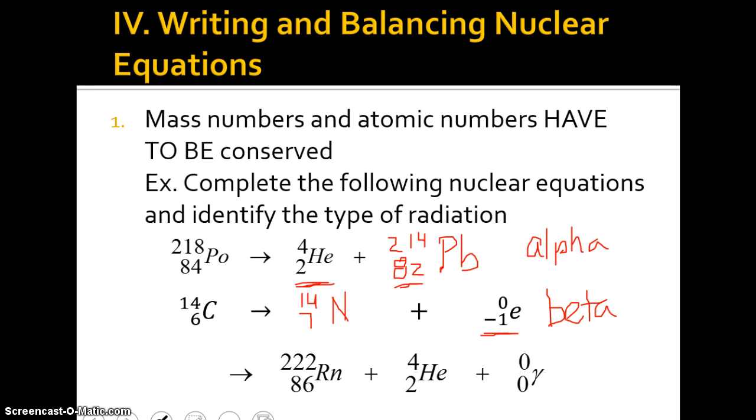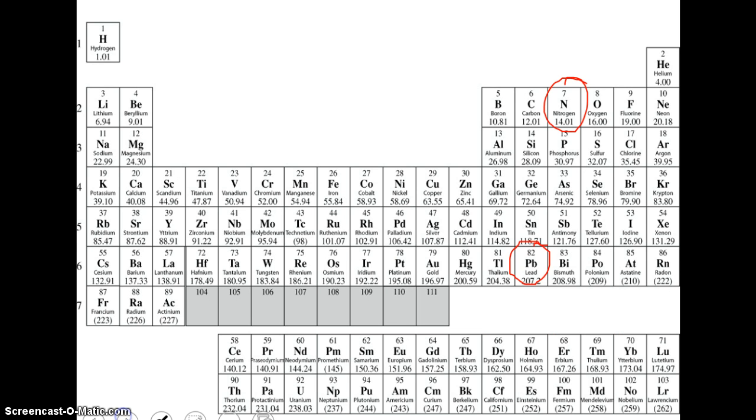Our next one. Now we need to figure out what goes on the left hand side. So we've got on the right 222 plus 4 plus 0. That is 226. The bottom, we've got 86 plus 2 plus 0. So that's 88. 88 is right here.